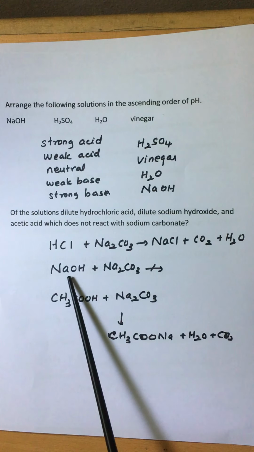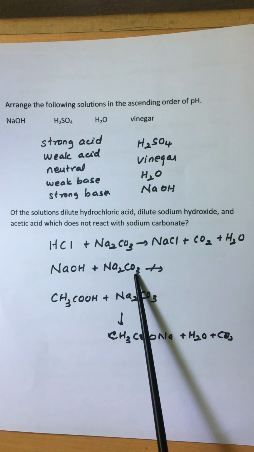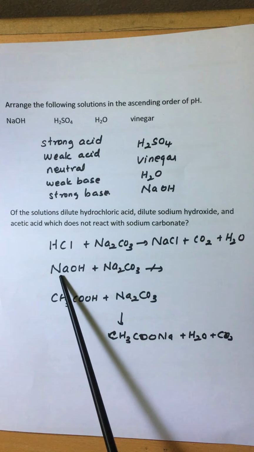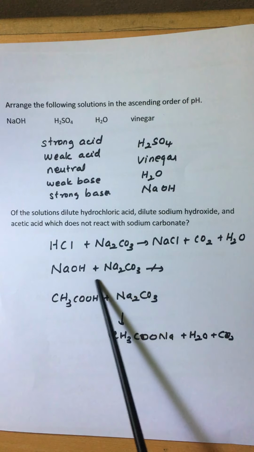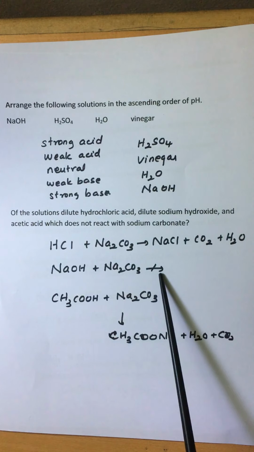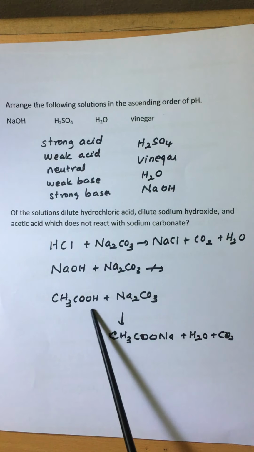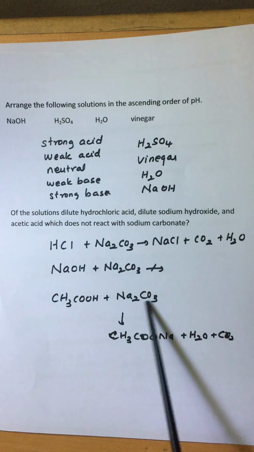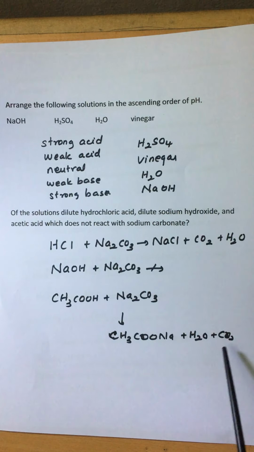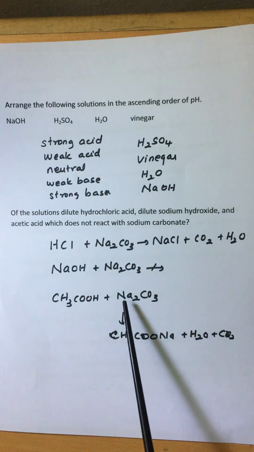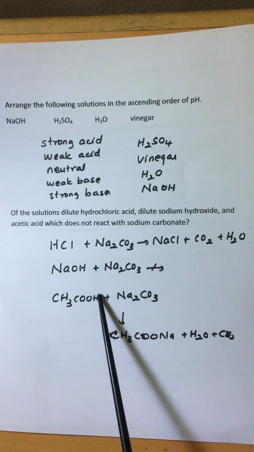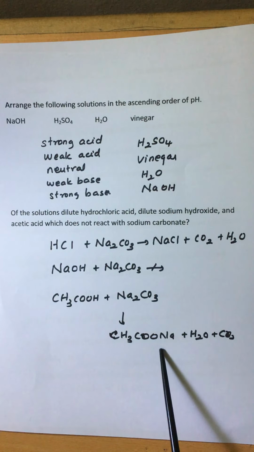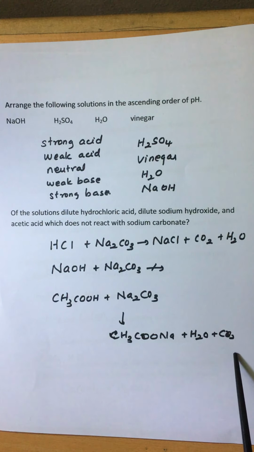With sodium hydroxide and sodium carbonate, double displacement again gives the same products, sodium carbonate and sodium hydroxide, that means no reaction. Carbonates always react with acids to form carbon dioxide. With acetic acid you get CH3COO because the H is displaced from the acid, so sodium acetate, water and carbon dioxide.